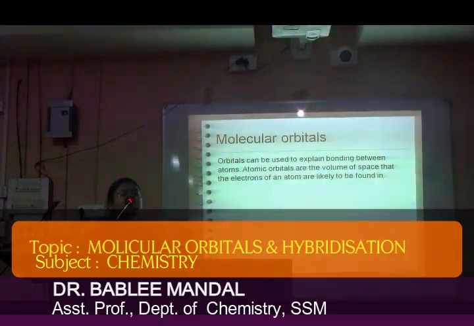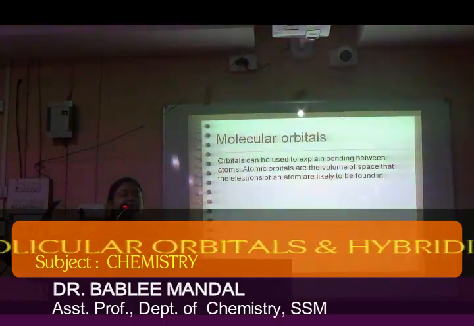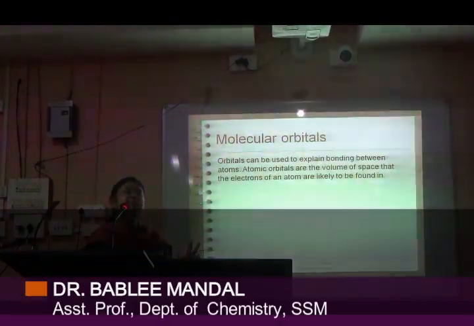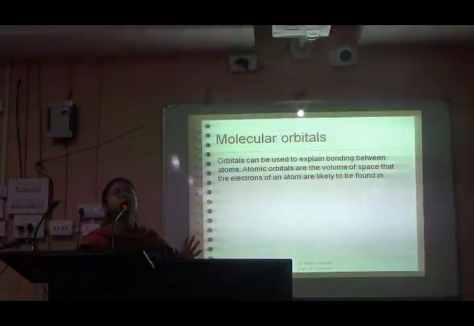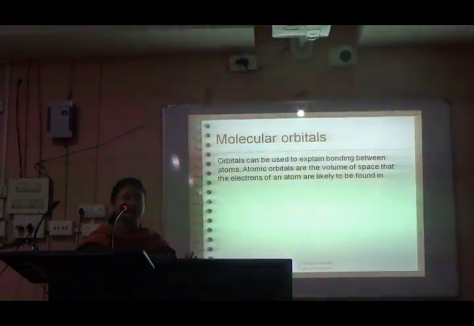So, what are molecular orbitals, or in fact, what is an orbital? An orbital is the space where the electrons are most likely to be found. This much you know. Now, when two atomic orbitals combine, they will form an equal number of molecular orbitals.